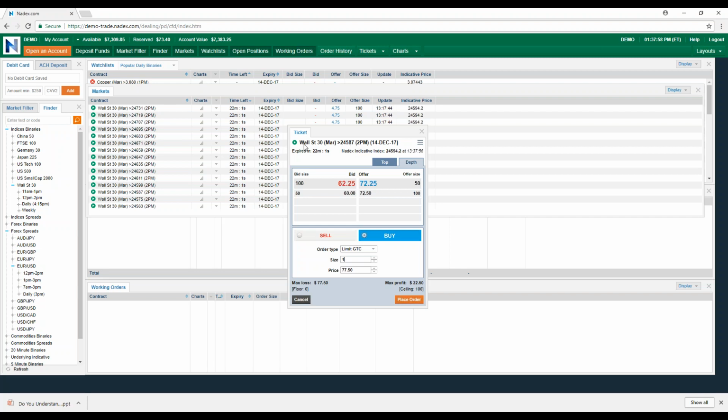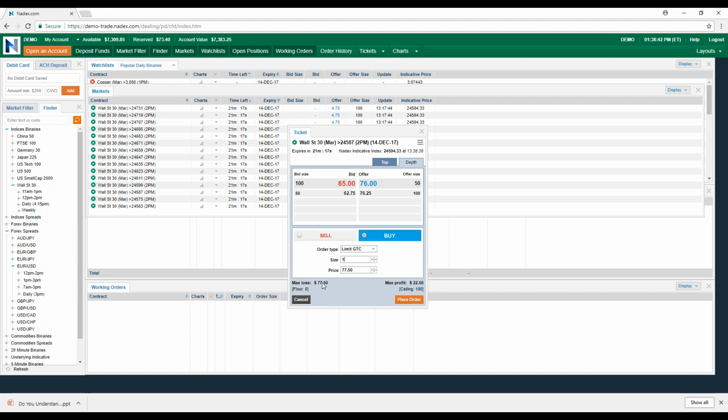What does this binary statement say? Wall Street 30 will be greater than 24,587 at 2 p.m. So if you took this trade, risking 77.50 to make 22.50, and the market expired at 24,586, just 1 point against you below your strike, how much money would you lose instantly at expiration because of 1 point?